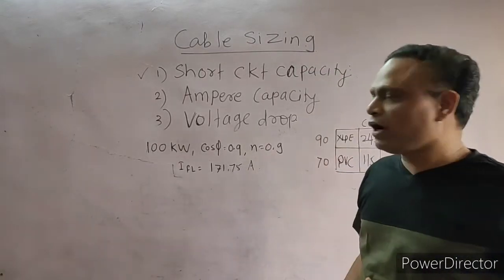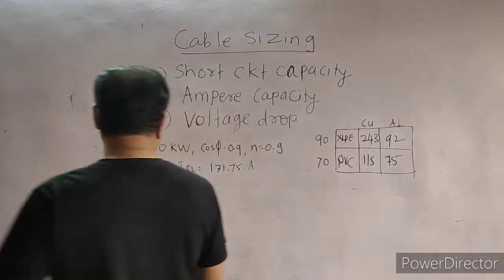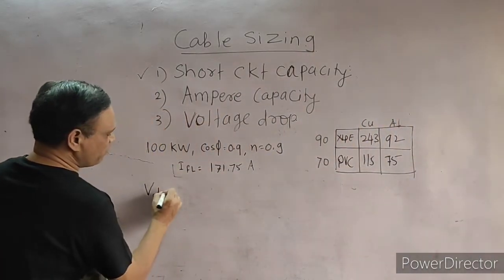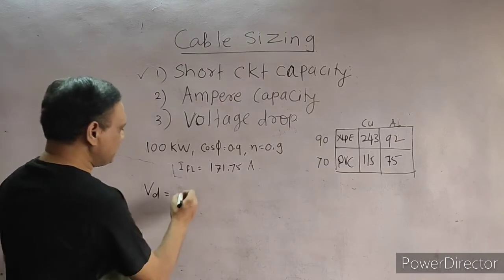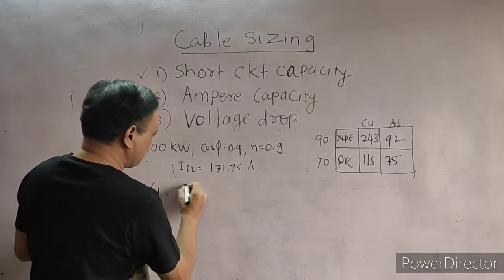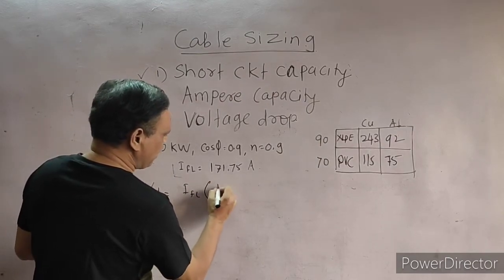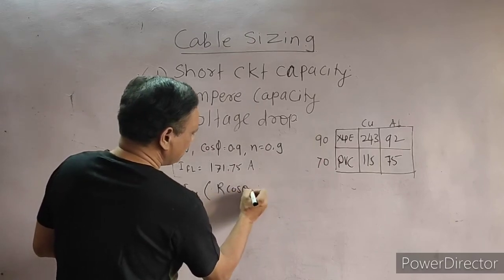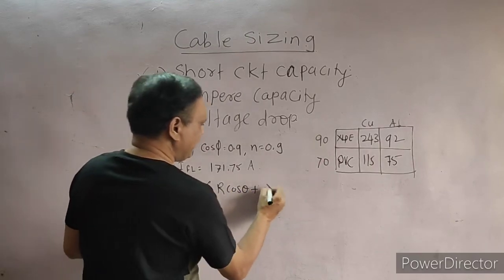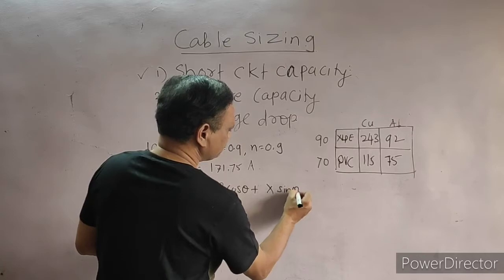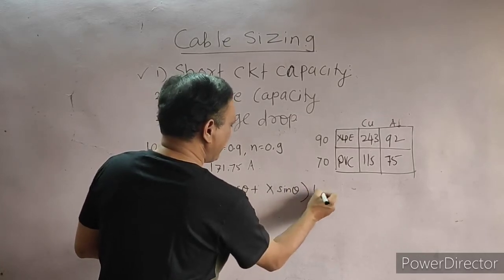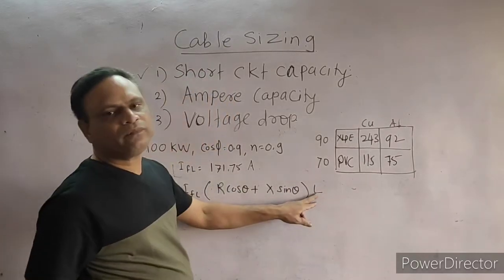Now the formula for calculation of voltage drop is equal to full load current into (R cos theta plus X sin theta) into L. L is in meters.